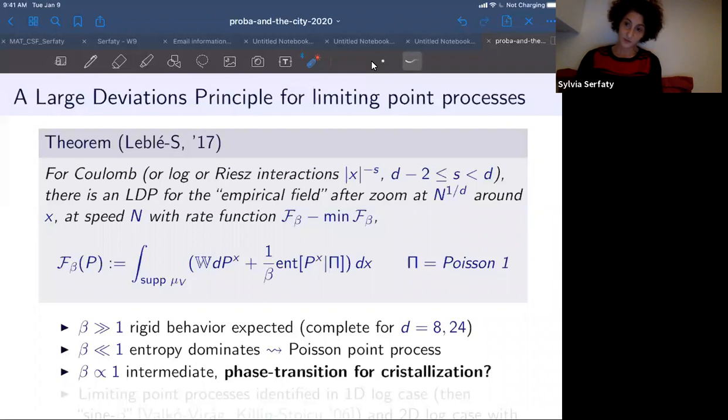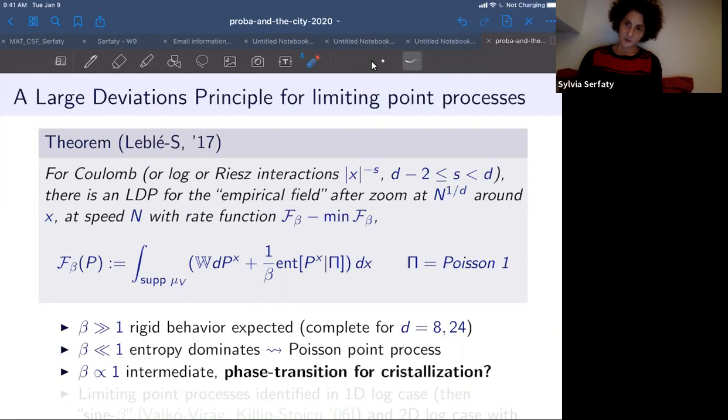And then the temperature is what determines the behavior. So when beta is very large, you can throw away this term, and you expect this very regular rigid behavior. It's even now a proof, with dimensions 8 and 24, or dimension 1, thanks to this Cohn-Kumar conjecture.